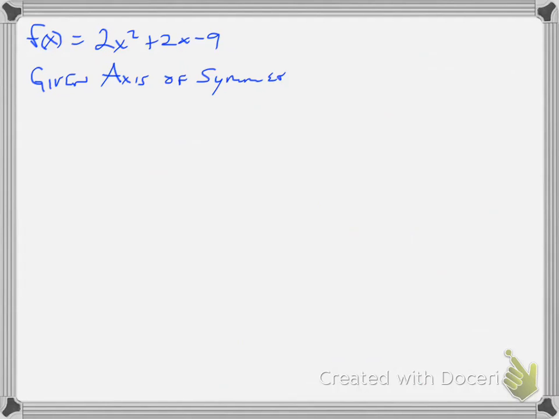In this one, I have the function 2x squared plus 2x minus 9. And if I'm given the axis of symmetry, you're going to have to be able to find the vertex.